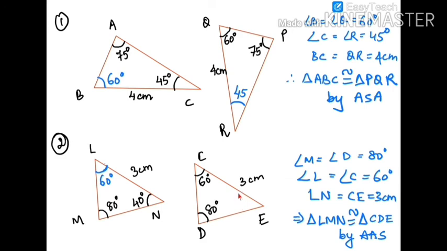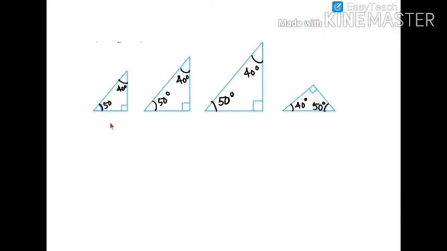If we find the third angle E in the second triangle, then we can say that these two triangles are congruent by ASA. Now observe these triangles. All three angles in all these triangles have the same measure, but these triangles have different sizes.